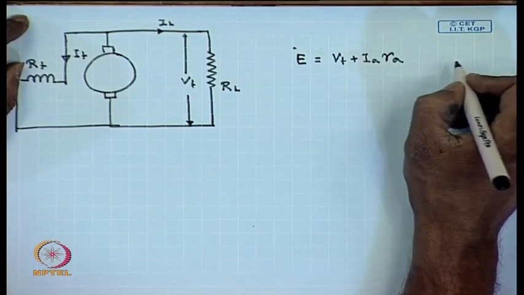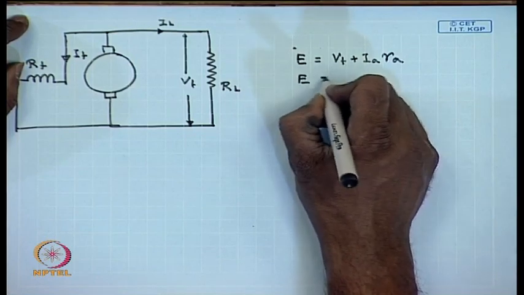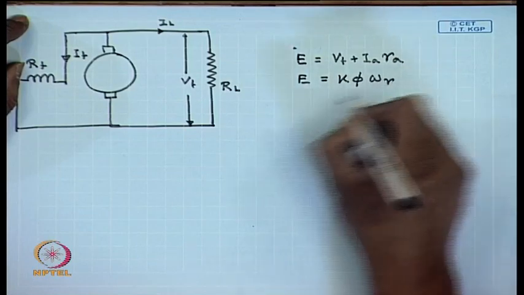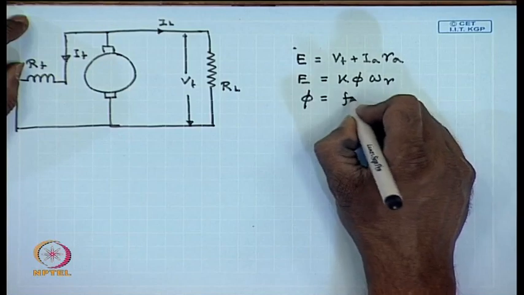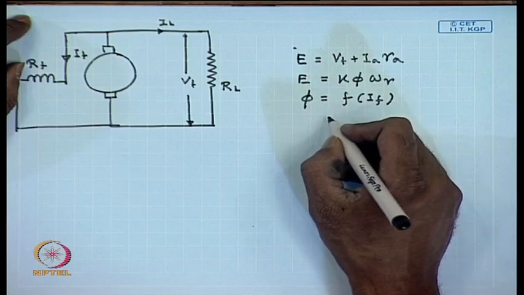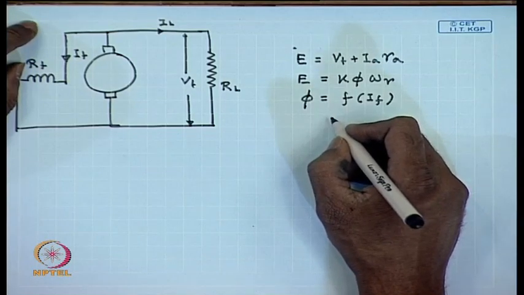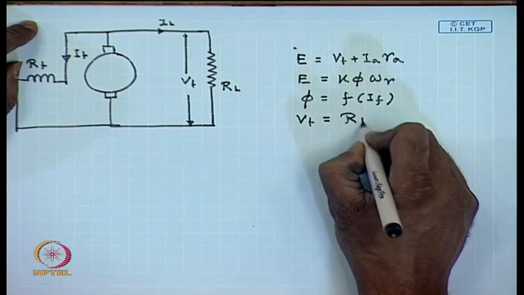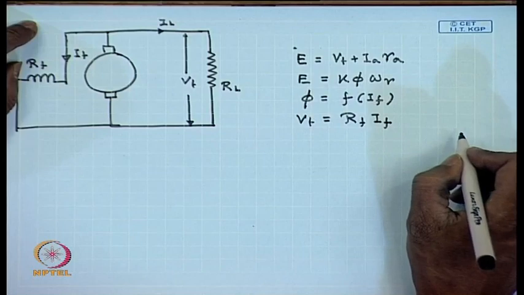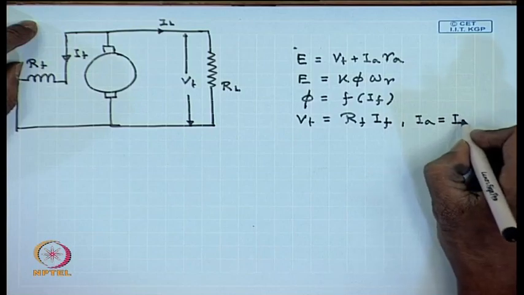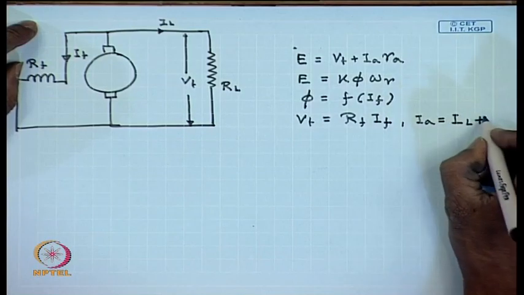If we neglect the brush contact drop, E equal to K phi omega r, phi equal to some nonlinear function of If. Also Vt equal to Rf If and Ia equal to IL plus If.